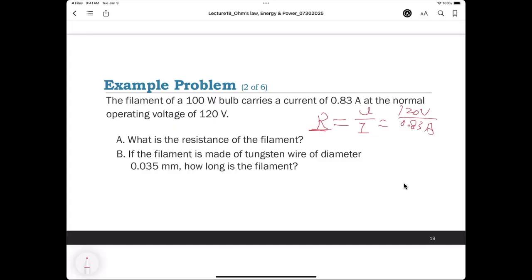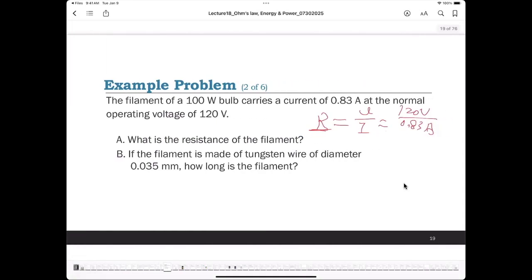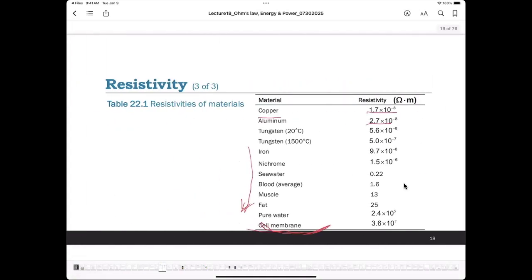For question B, we know the resistivity of tungsten is this value, because it's at normal temperature.